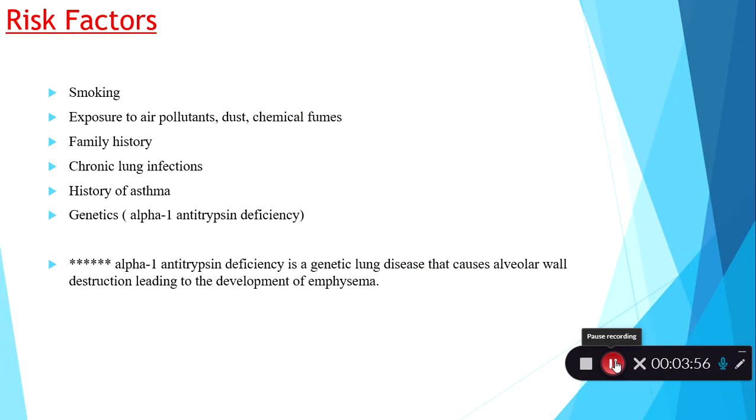In this slide, I have listed for you risk factors of COPD. The main risk factor for COPD is smoking.